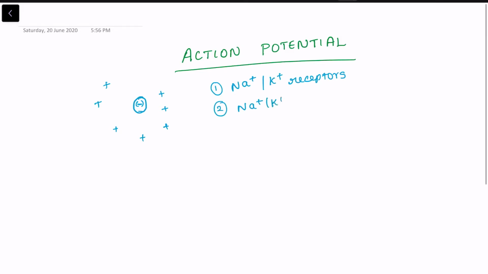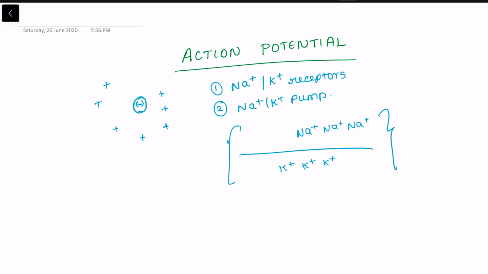What the sodium potassium pump does is allow sodium to move outside the cell, and it allows potassium ions to enter inside the cell. Actually, this is the normal condition: outside the cell, sodium ions will be present, and inside the cell, potassium ions will be present. To avoid confusion, we'll go deeper into the concept, and you will automatically understand what the sodium potassium pump is doing.